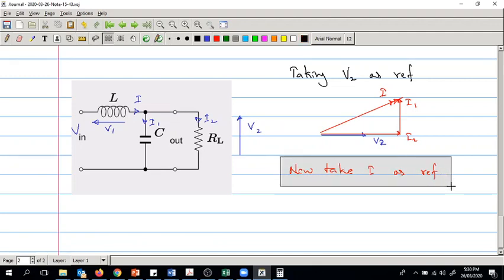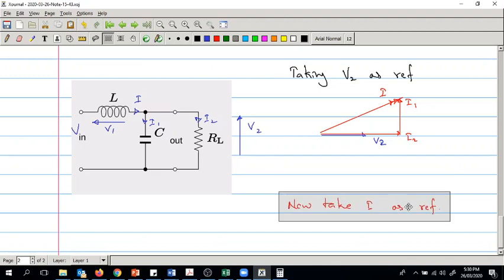So taking I as the reference, V2 would be that way.